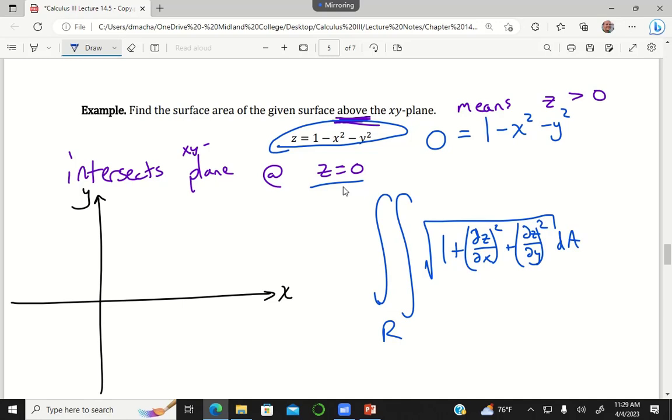If I rearrange that a little bit, I get x squared plus y squared equals 1 squared. And that's the formula for a circle centered at the origin with radius 1. So that is my region that we're going to integrate over.